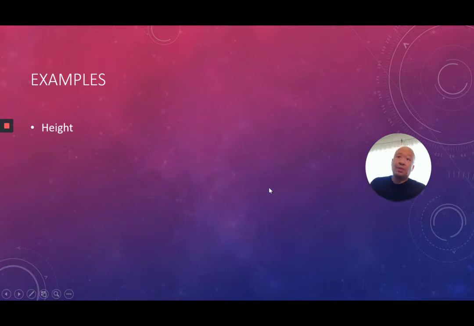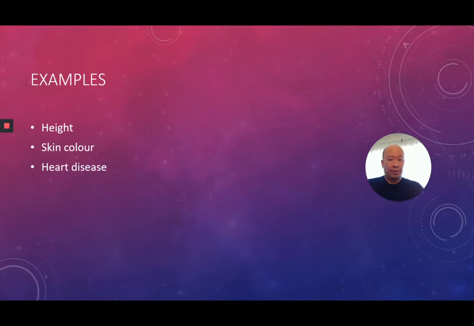Some common human traits that involve multiple alleles are height, skin color, heart disease, schizophrenia, depression, and intelligence. So of all the disorders on the list here, heart disease, schizophrenia and depression are fairly common.